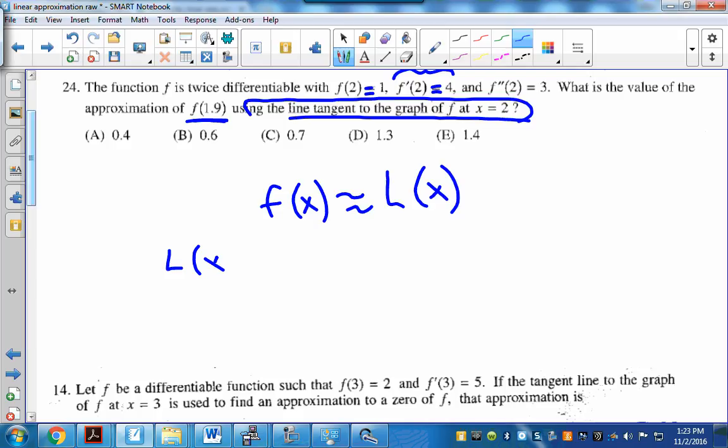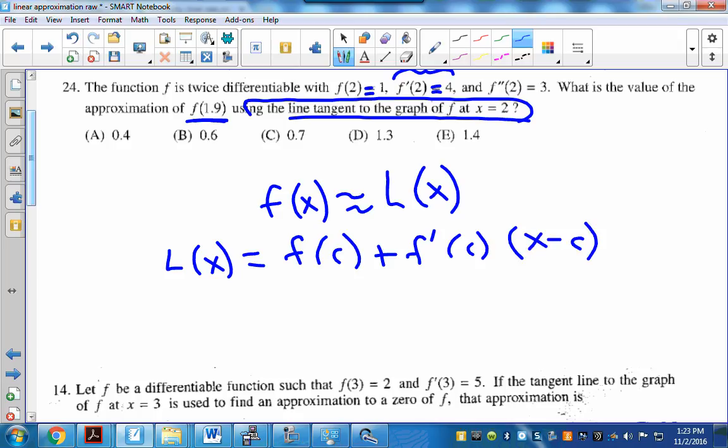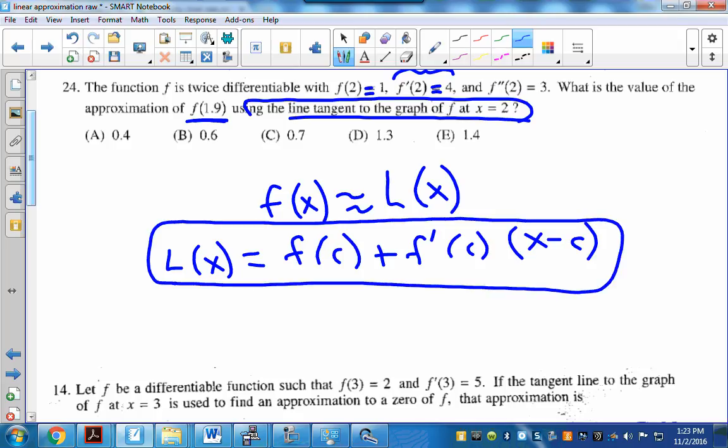L of x is equal to f of c plus f prime of c times x minus c. Just like product rule, quotient rule, chain rule, any other rule that you're doing, you should probably have this memorized, if not by today, then certainly by tomorrow, so that you can pop it off in a hurry if you need it.